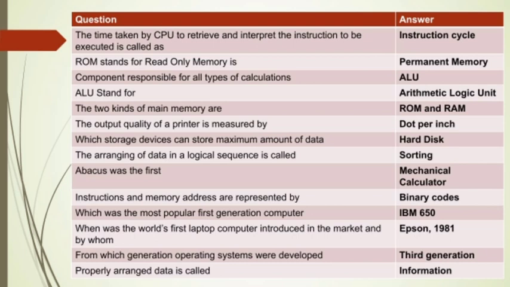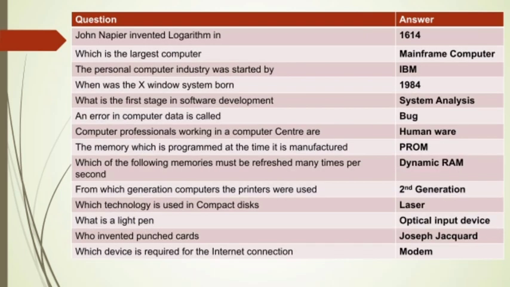Epson, 1981. From which generation were operating systems developed? Third generation. Properly arranged data is called information. John Napier invented the logarithm in 1614. Which is the largest computer? Mainframe computer.